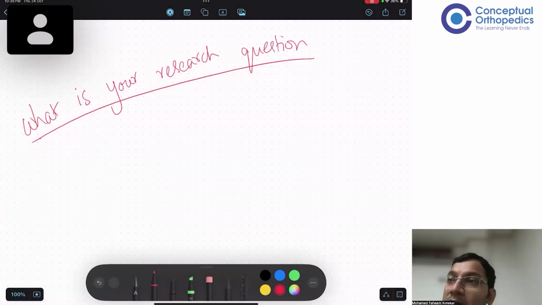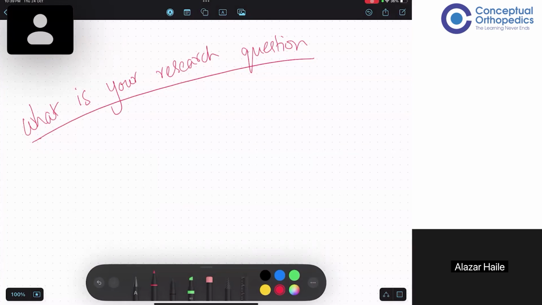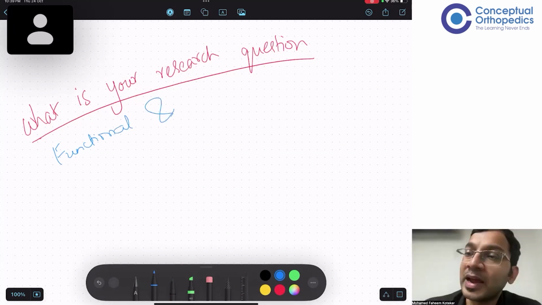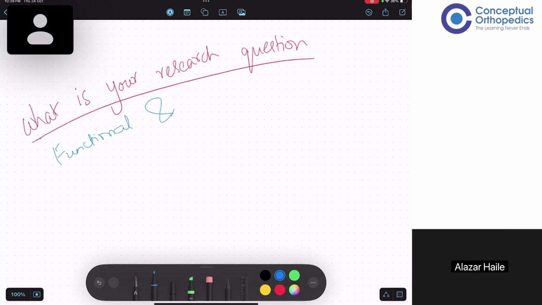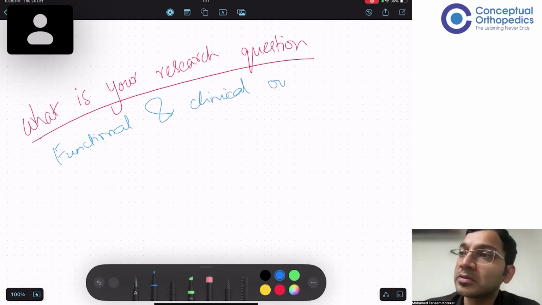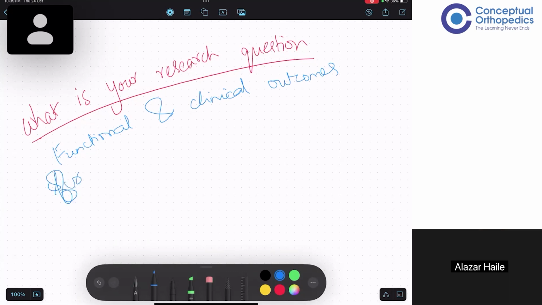Tell me. So my research topic is on functional and clinical outcomes of tibialis anterior tendon transfer for recurrent clubfoot. Yeah, functional and clinical outcomes of or for tibialis anterior tendon transfer for recurrent clubfoot.